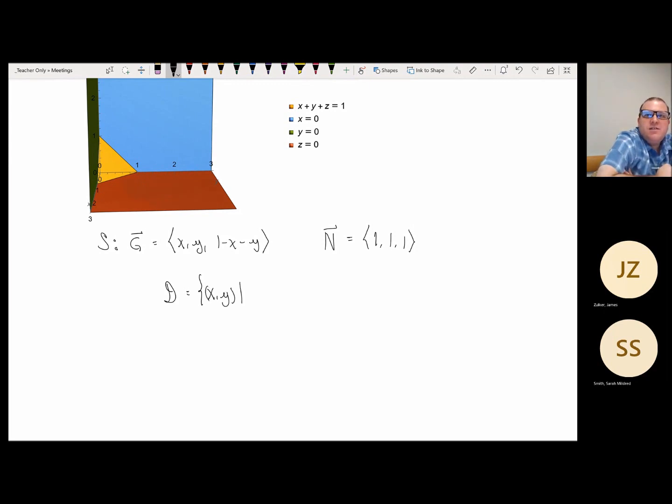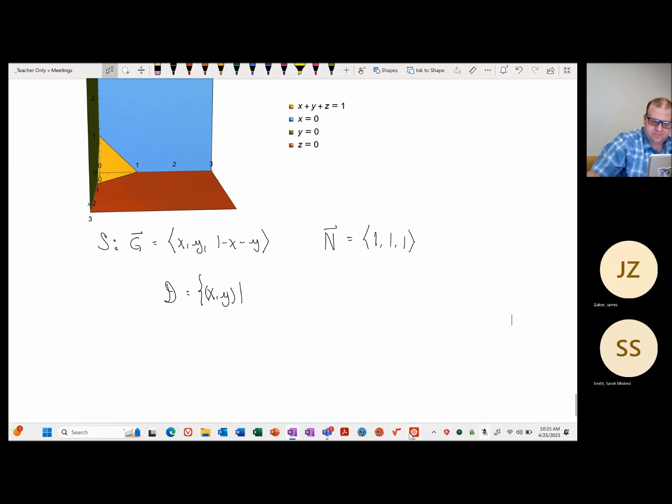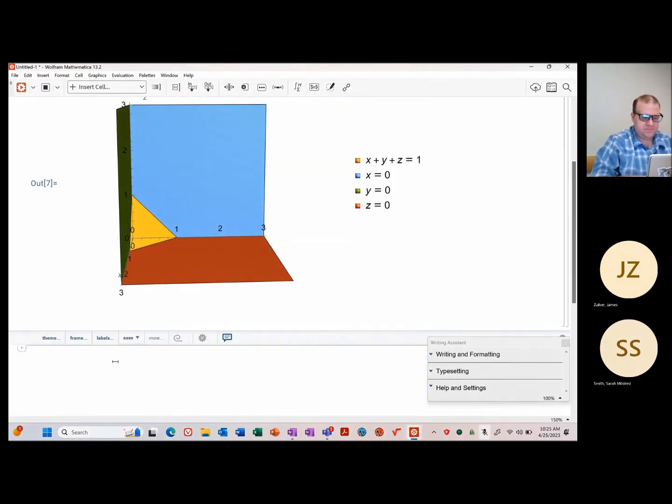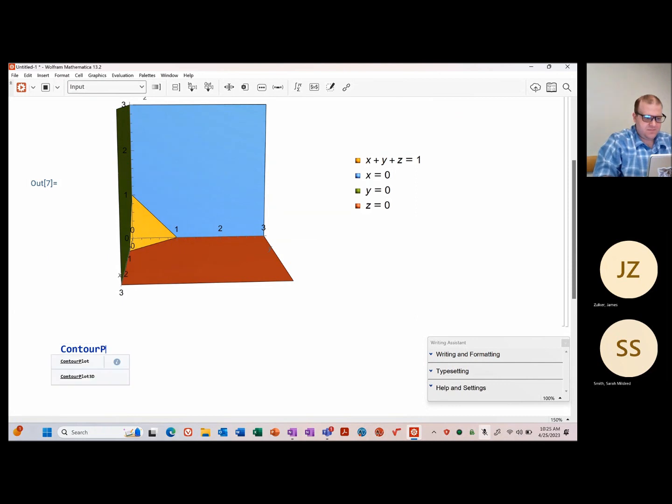Now we need the parameter domain. So it's the set of all x, y such that... just set z equal to 0.